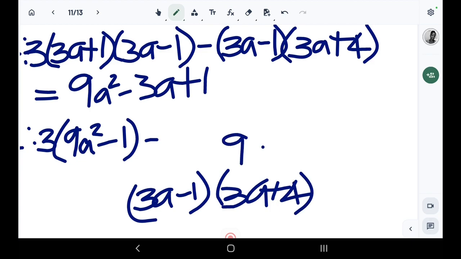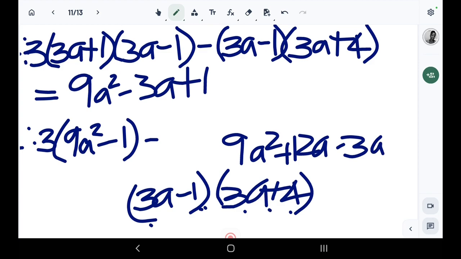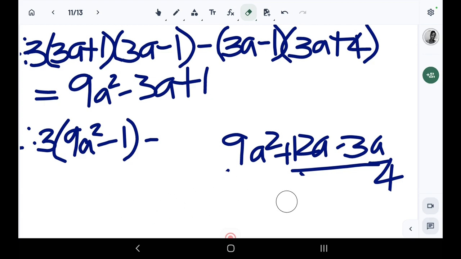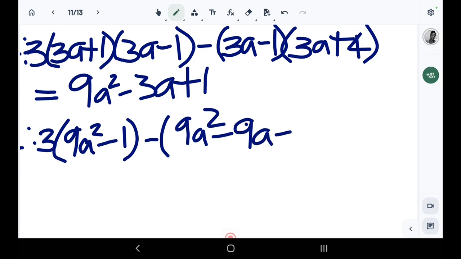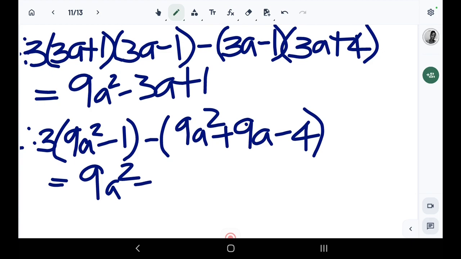That is equal to 9a squared plus 12a minus 3a minus 4. 12a minus 3a is 9a, so that is 9a squared plus 9a minus 4. So minus 9a squared plus 9a minus 4, equals, on the right hand side, 9a squared minus 3a plus 1.